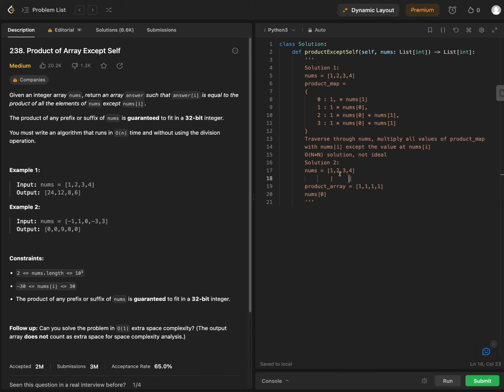And you move your pointer. No, this doesn't work. This does not work. I'm a little stuck here.